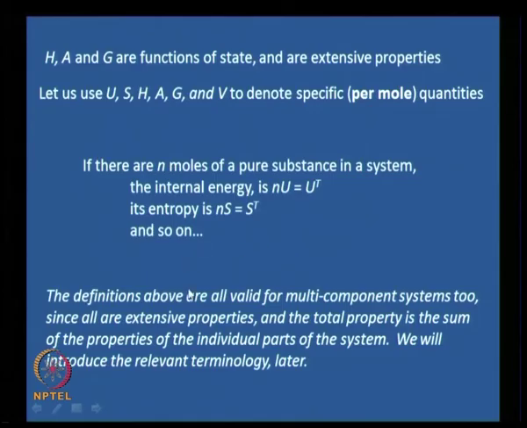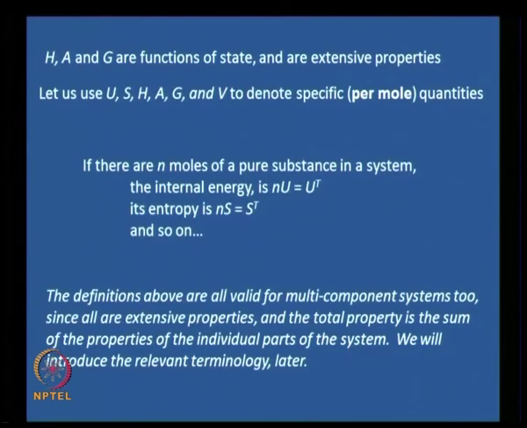These definitions can also be used for multi-component systems where you have different moles of different species present. Because they are extensive properties, the total property is the sum of the properties of individual parts of the system. When it becomes relevant, we will take this terminology a little further.